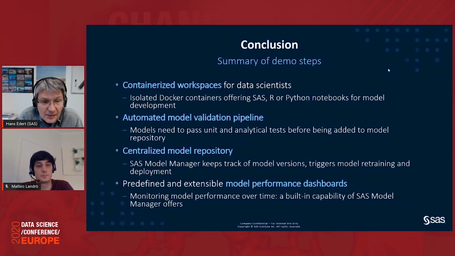And then finally, if you collect the real-world data, we are able to present you with model performance dashboards that give you a chance to react to a degradation of your models over time. Okay, I think we are nearly done.